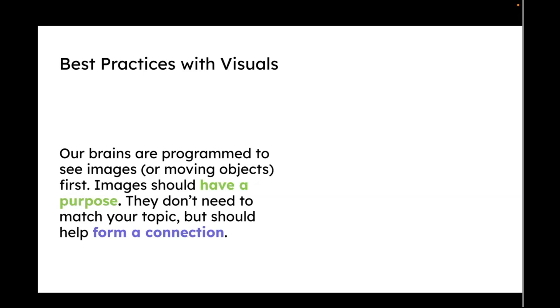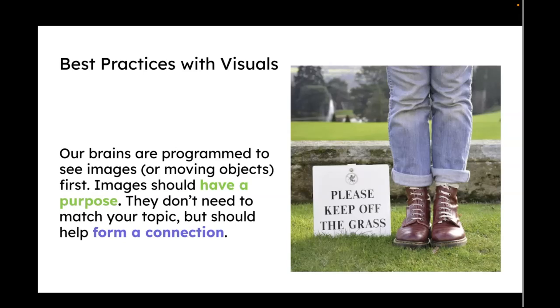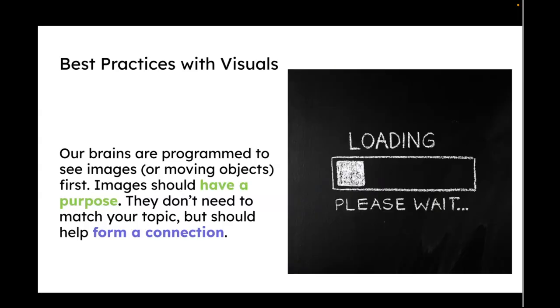So for example, when I put up this image, it didn't say to you, I don't follow all the rules, but you could gather from this image of somebody stepping on the grass next to a sign that says please keep off the grass that it implies somebody doesn't follow the rules. That's me telling you a story. It's this image having a purpose. Same thing with this one.